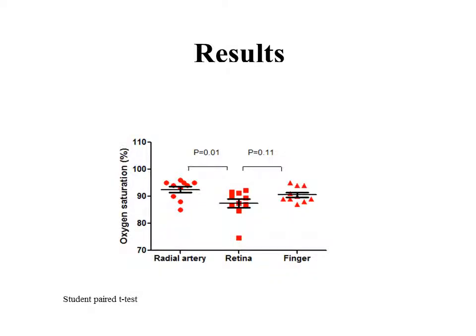Here are the retinal arterioles compared with the radial artery and finger measurements. And as you can see, the retinal arterioles showed lower values than the radial artery and the finger.